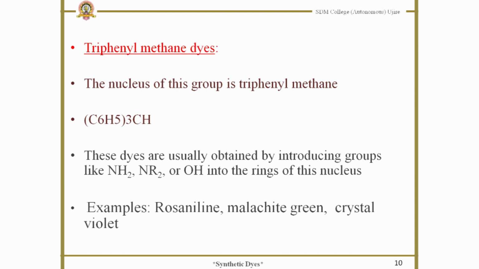These dyes are usually obtained by introducing groups like NH2, NR2, hydroxyl into the rings of this nucleus. The important examples of triphenyl methane dyes are rosaniline, malachite green, crystal violet, etc.